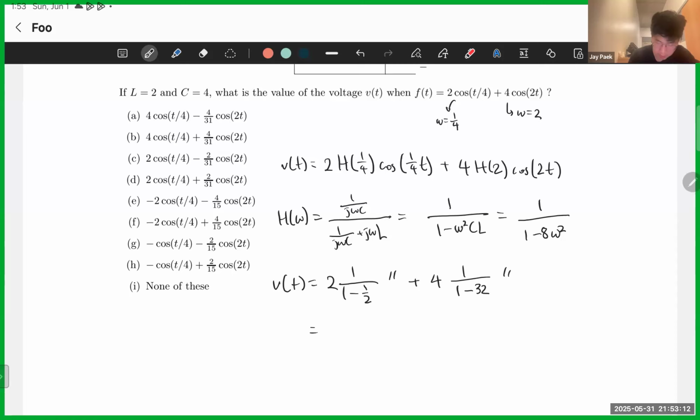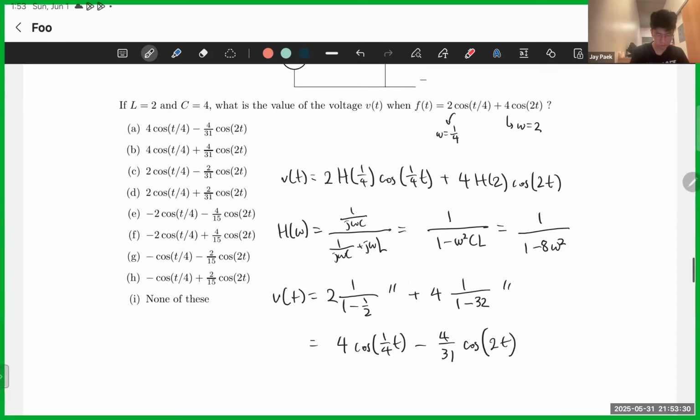Now what we obtain is 4 times cosine of t over 4 plus negative 4 over 31 cosine of 2t. Voila, and there's your answer. Again, another straightforward question, just mostly using circuits.